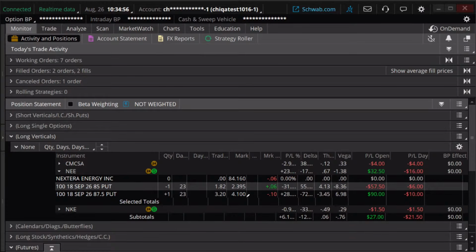Okay. Another way to do that is to look at the trade price. We bought this for about $1.40. Okay. Right now, it's about, let's see, 410 minus 240 is about a dollar. Sorry, my brain isn't working here right now. About $1.70 right now, I think, on that.